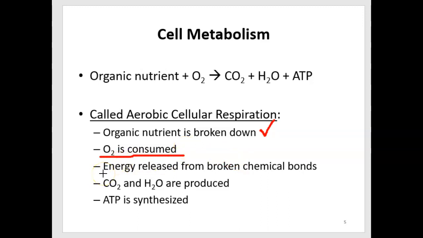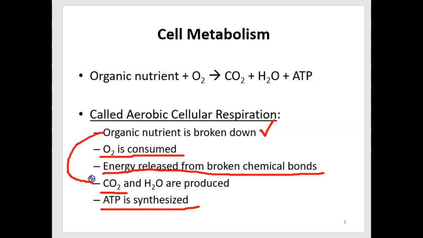The energy that's released from the organic nutrient in the broken chemical bonds will be used to make ATP, but some byproducts of the process include carbon dioxide, which comes from the carbons in the original organic nutrients, and water is produced.